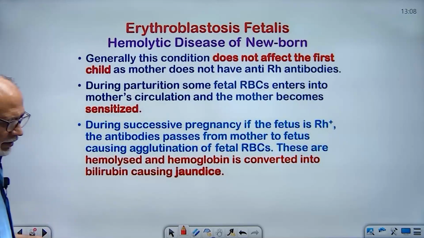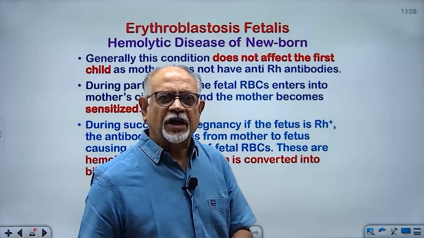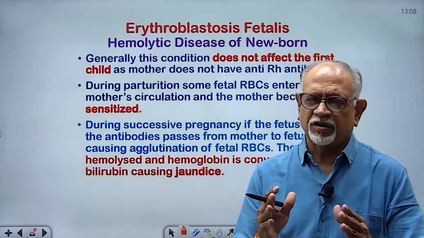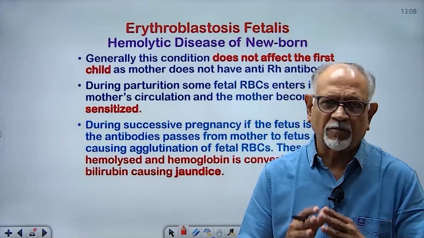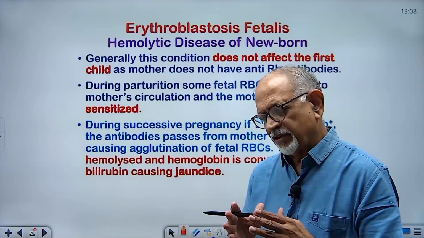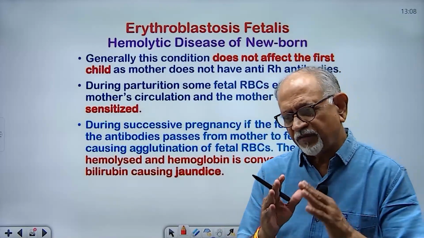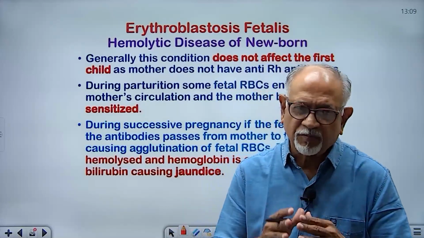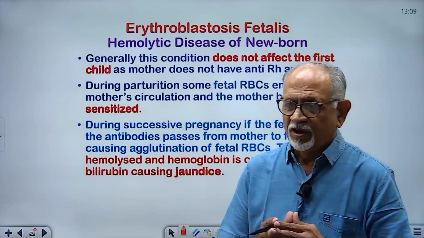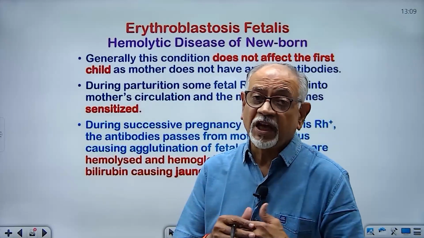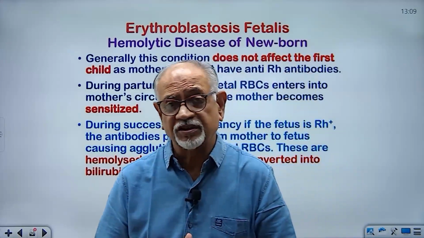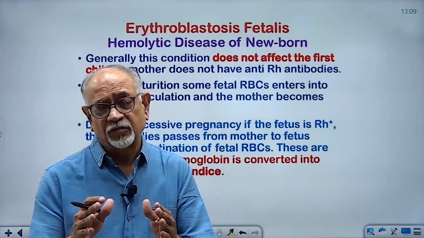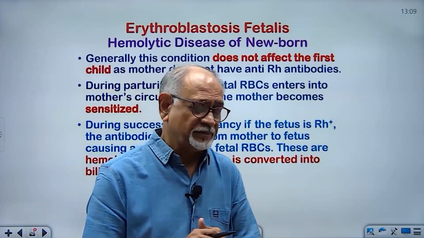Now, generally, in the first conception, if such a mismatch happens, that means if for the first time a lady conceives a Rh positive fetus, since that lady naturally does not have Rh antibody, there will be no harm to the first child.